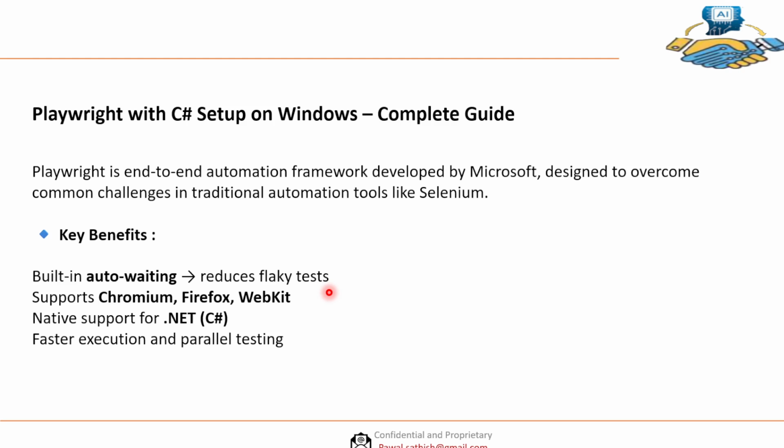In Selenium with Java, we observed that sometimes our scripts fail and sometimes they pass. Playwright has a built-in auto-waiting mechanism that reduces flaky tests. It also supports Chromium, Firefox, and WebKit, and has native support for C Sharp. As we discussed, it also offers faster execution and parallel testing.